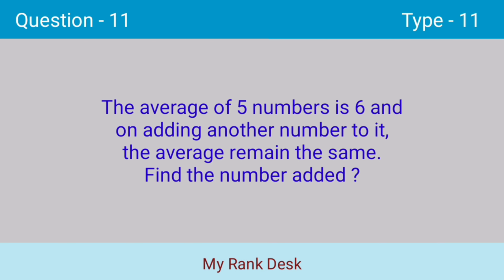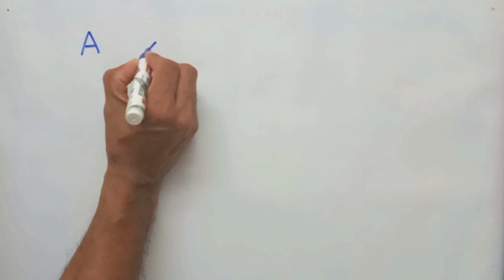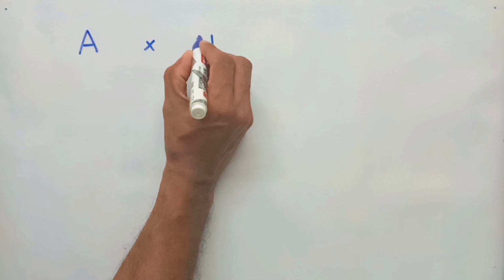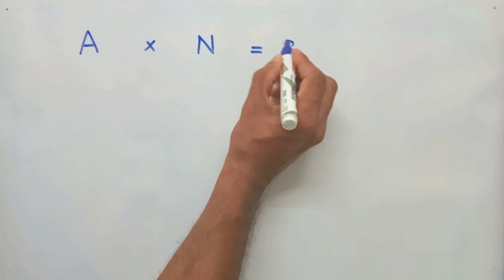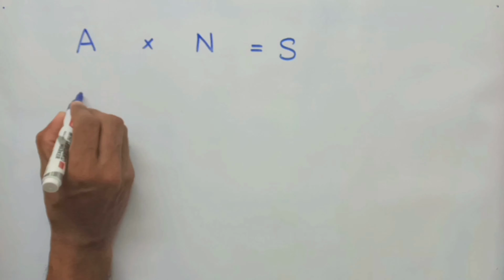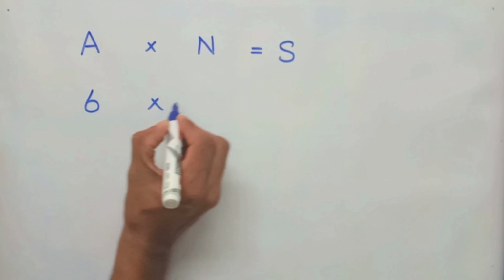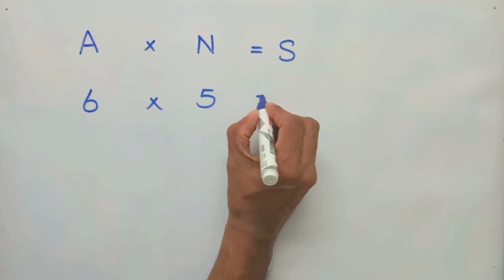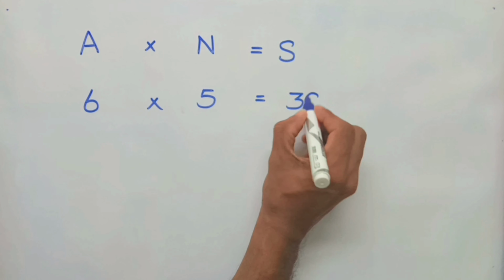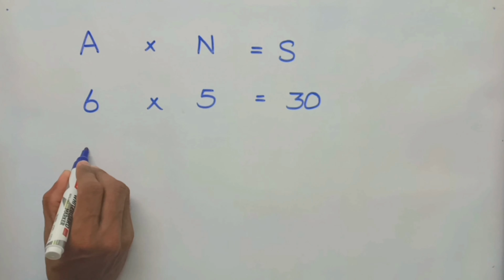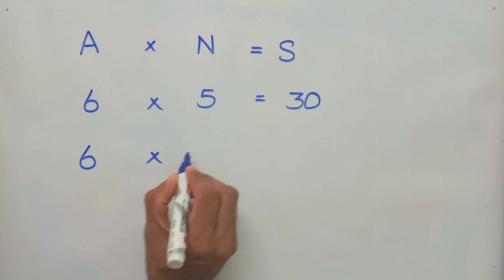Let's find the answer. We know that the product of the average of terms in the group by the number of terms in the group must be the sum of terms in the group. That is, the sum of the group of 5 having average 6 equal to 5 into 6 equal to 30. Also, we have given that the average of 6 terms is 6.